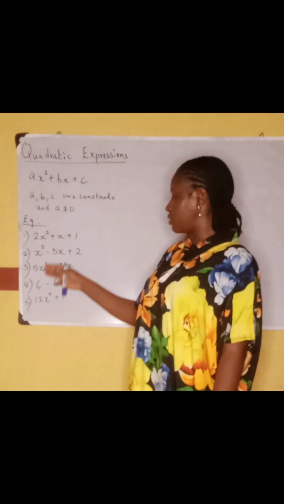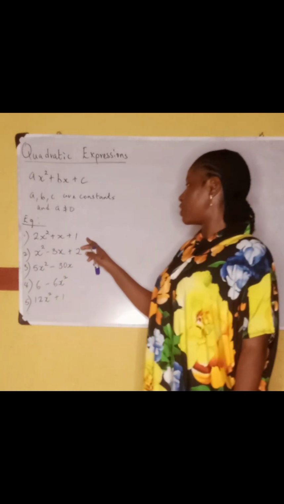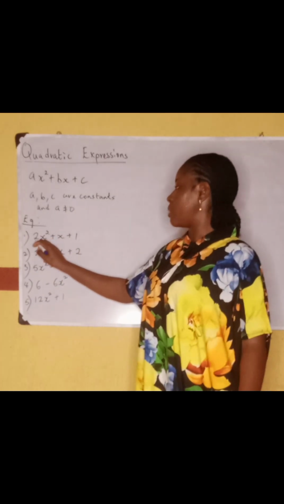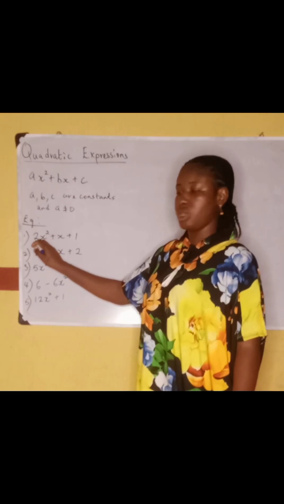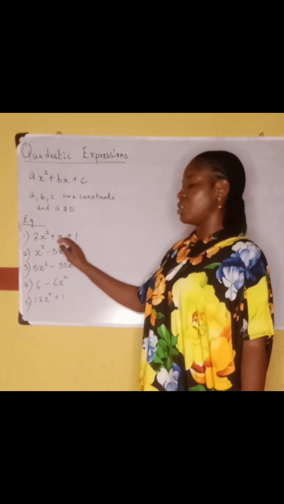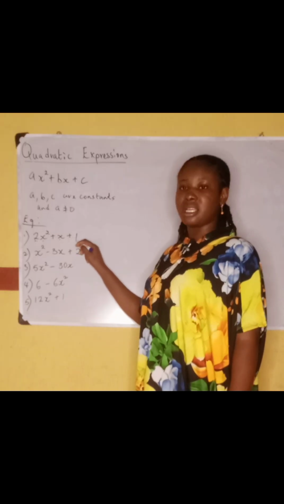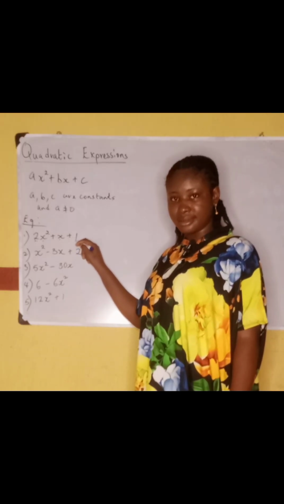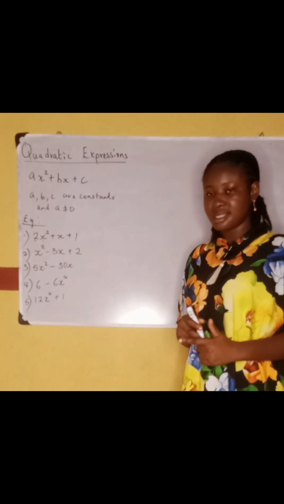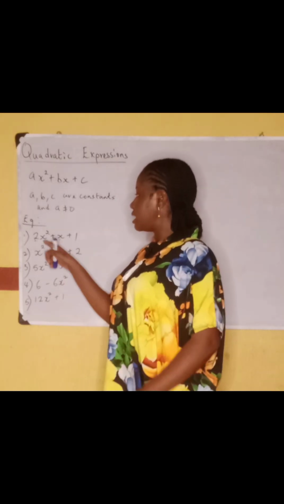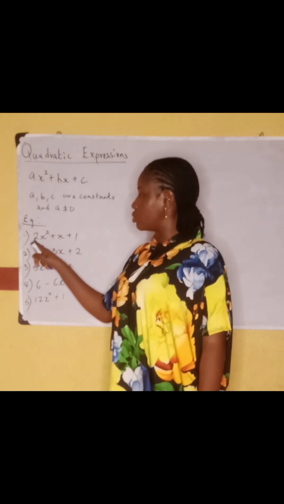So if you observe the different examples I have, on the first one, my a is the number attached to my s squared, which is 2 here. B is the number attached to s, which is 1. C is the number standing alone, which is 1. Did you get that? A is the number attached to s squared, which is 2.